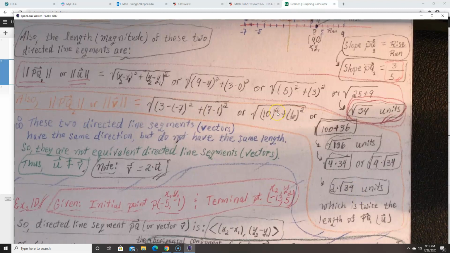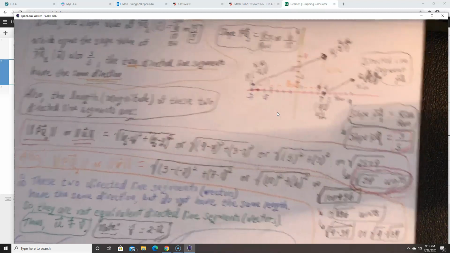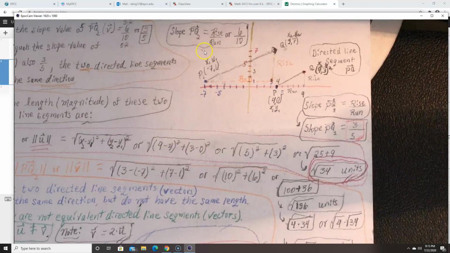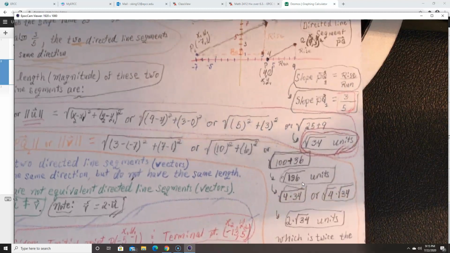That's the length or the magnitude of the second vector, which is vector v. So it turns out, class, this one was the square root of 34 units long, remember. And this second vector, v, is twice as long. It's twice this one, 2 times the square root of 34. My picture is not scaled very well, obviously, plus it's zoomed in.